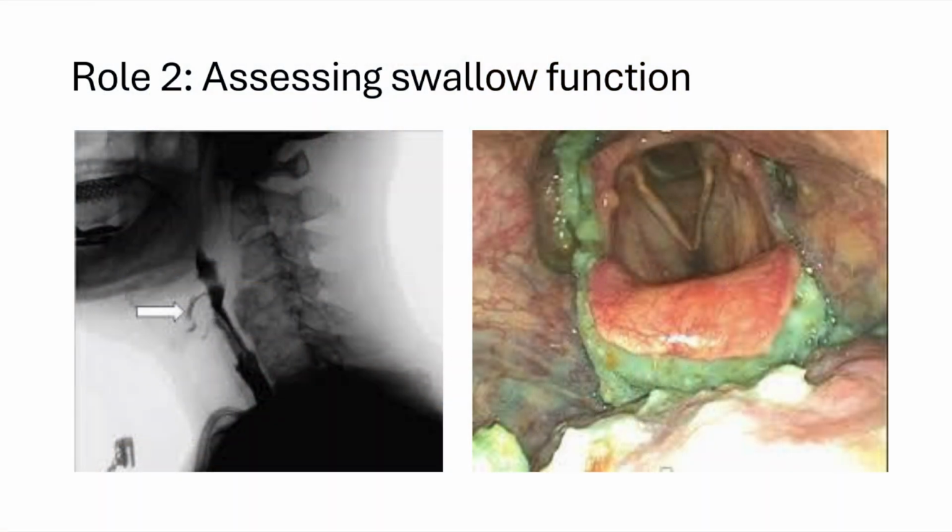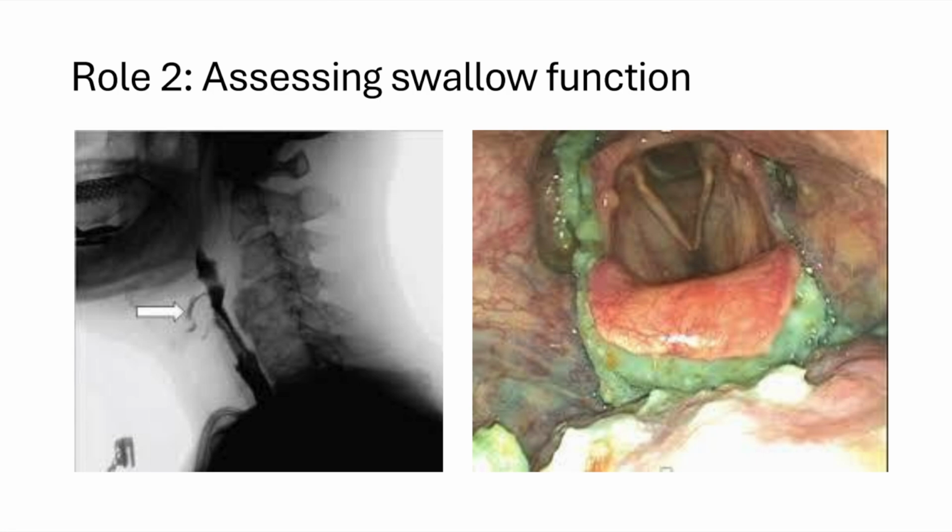So these are two of the tests that we do as SLPs when we're looking at someone swallowing. Up on the left is a VFSS, so video fluoroscopic swallow study. I do this twice a week normally at this site with both inpatients and outpatients.